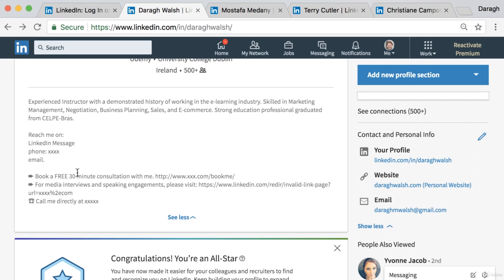Then they go there, they have to put in their email address, and then you send them the PDF. That's a great way to not just put a link to your homepage, but also use it as a way to actually get emails from LinkedIn.